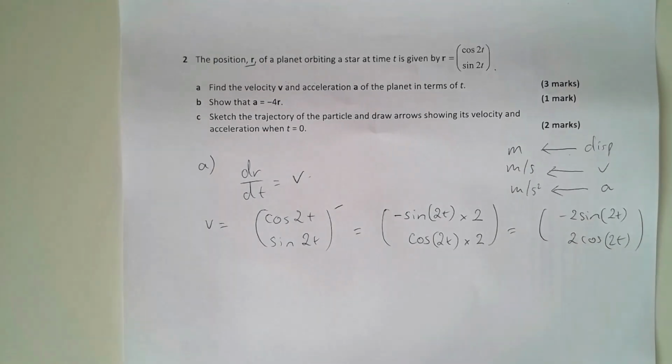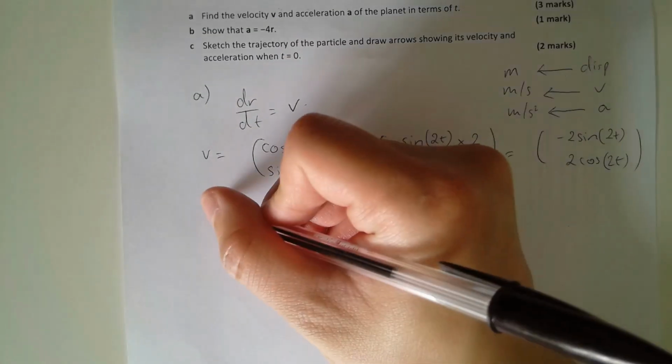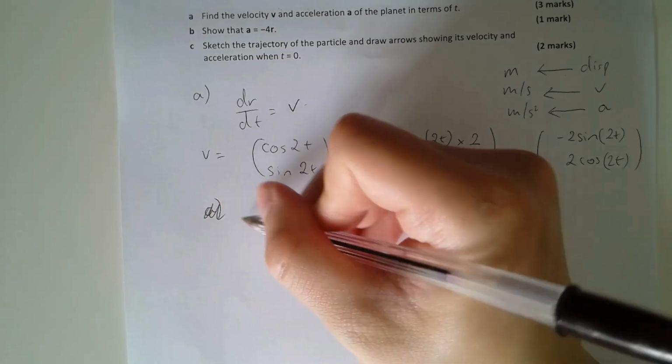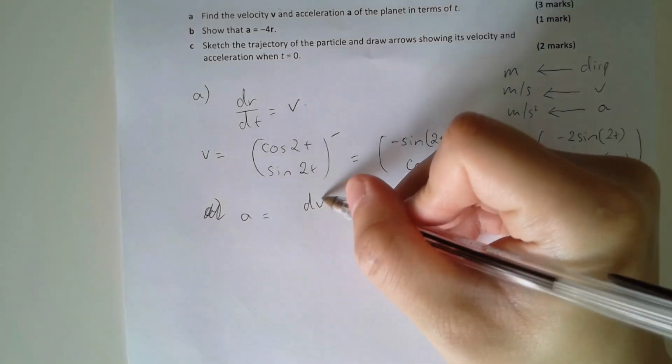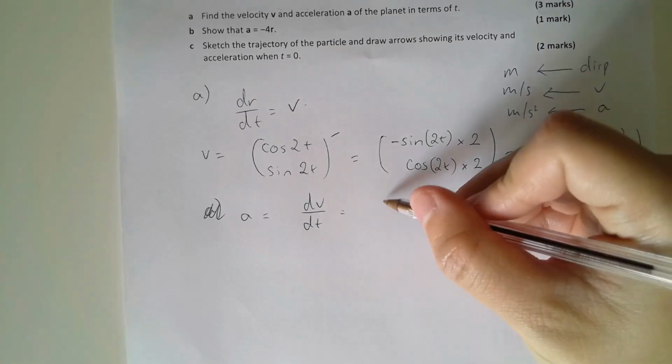I'm done. Okay. Right, now next one I'm going to find the acceleration. You differentiate again, dv over dt. So you can differentiate this one again. The constant in front you can ignore, so care about sin 2t, which is sin u exactly. The derivative of sin equals cos, so minus 2 is still there.